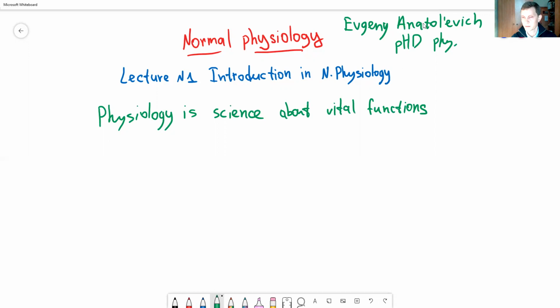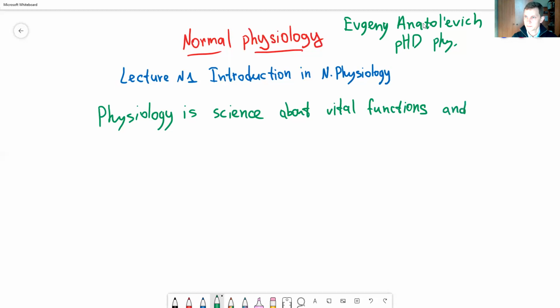Vital functions are the processes of the working of our internal organs, our internal physiological systems, and in this discipline we will study how these processes perform, how they change, what factors influence the function of any organ, any system. Okay, science about vital functions and how they change under the actions of external environmental changes.